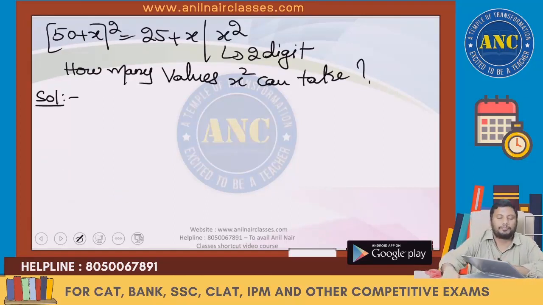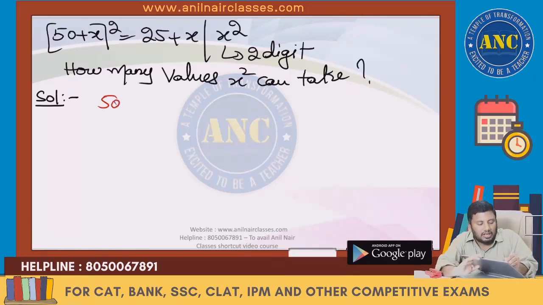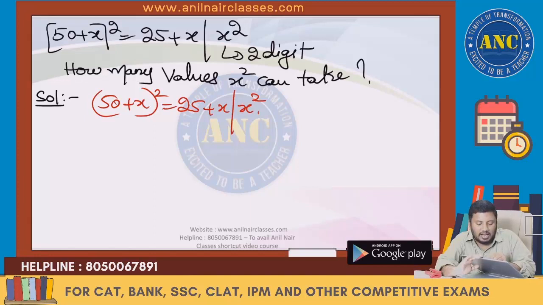Now see here. 50 plus x whole square is 25 plus x slash x square. X square is a 2-digit format. This is the logic.